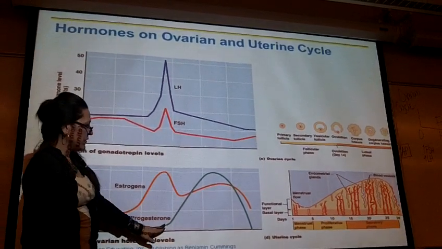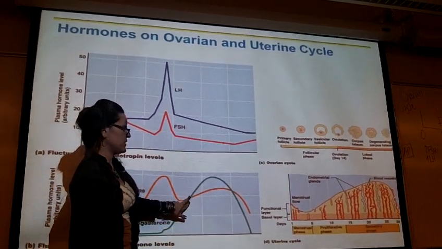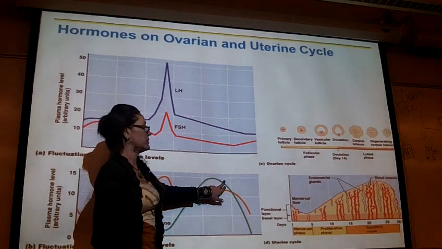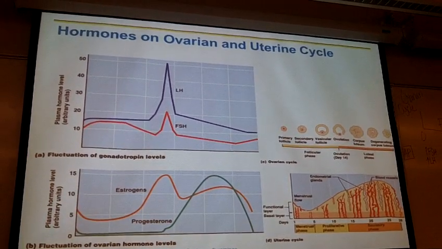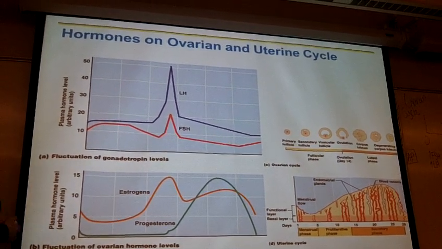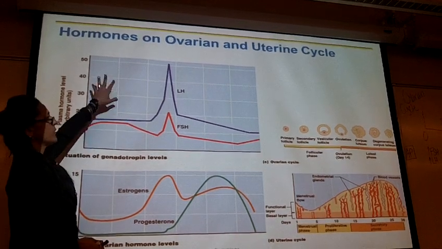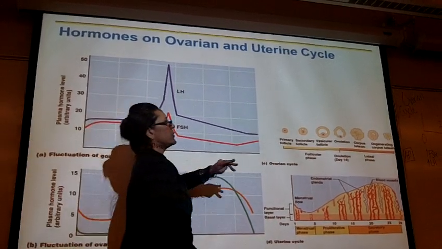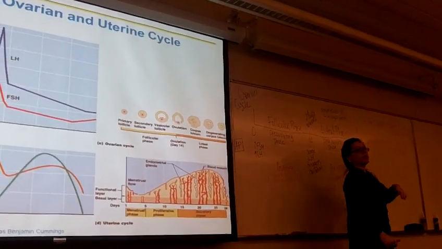Once the corpus luteum forms, day 14, corpus luteum forms, progesterone levels start to rise. Now, estrogen and progesterone are going to go back up to the hypothalamus and inhibit the hypothalamus. And that's going to keep FSH and LH levels from getting any higher because we don't want to trigger new follicles later in this cycle.